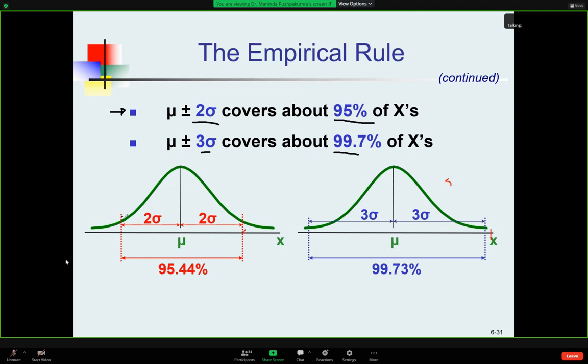Within two standard deviations, if the mean is 55 and the standard deviation is 10, what are these values? Can you send the values into the chat box? What are these two values?